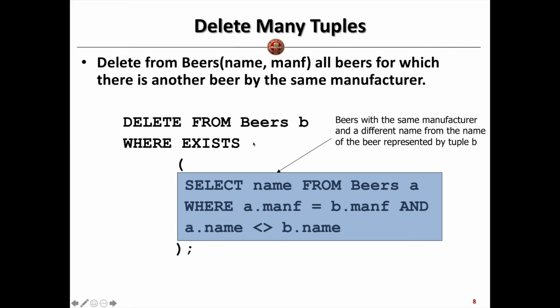If it is true, then we delete the tuples from the Beers table. If it is not true, in other words, we can never find another beer with a different name but the same manufacturer, this one is empty, it will return a false value, right? And these beers will be valid and they will never be deleted. So this is a deletion with subquery. We also use this exists operator to help us.